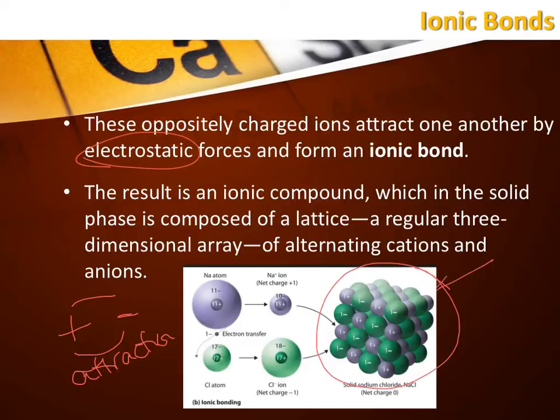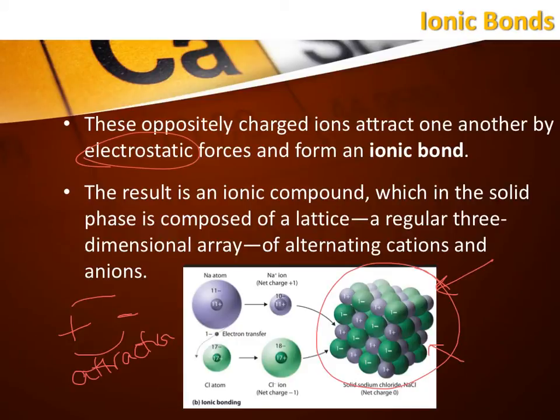And this type of 3D network is what gives ionic compounds the properties they have. Think of table salt, for example. They're hard, as you would expect them to be, because the ions are very tightly packed. They make crystalline solid structures. Again, you would expect that because the ions are tightly packed.